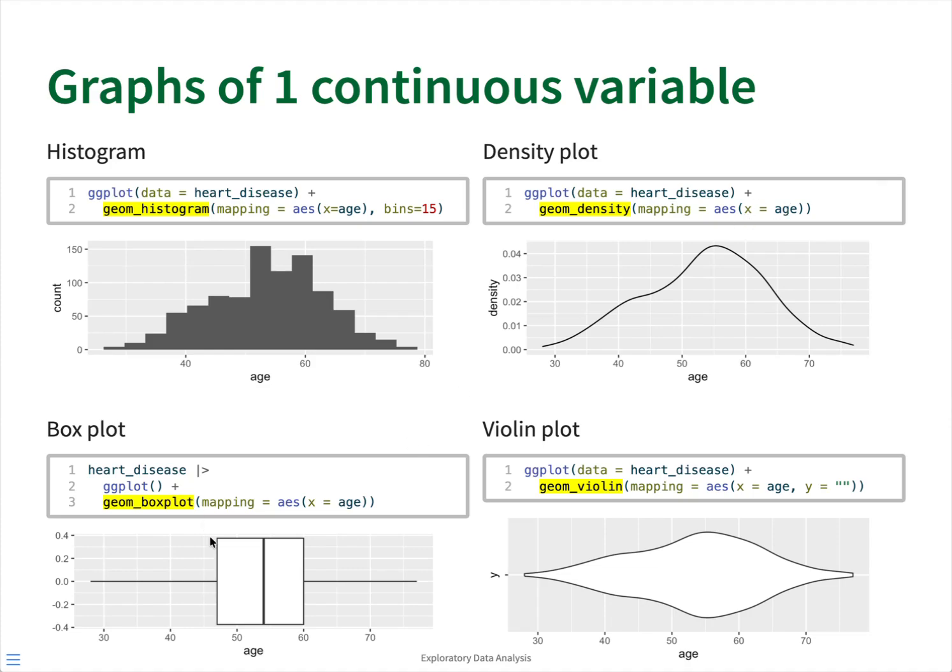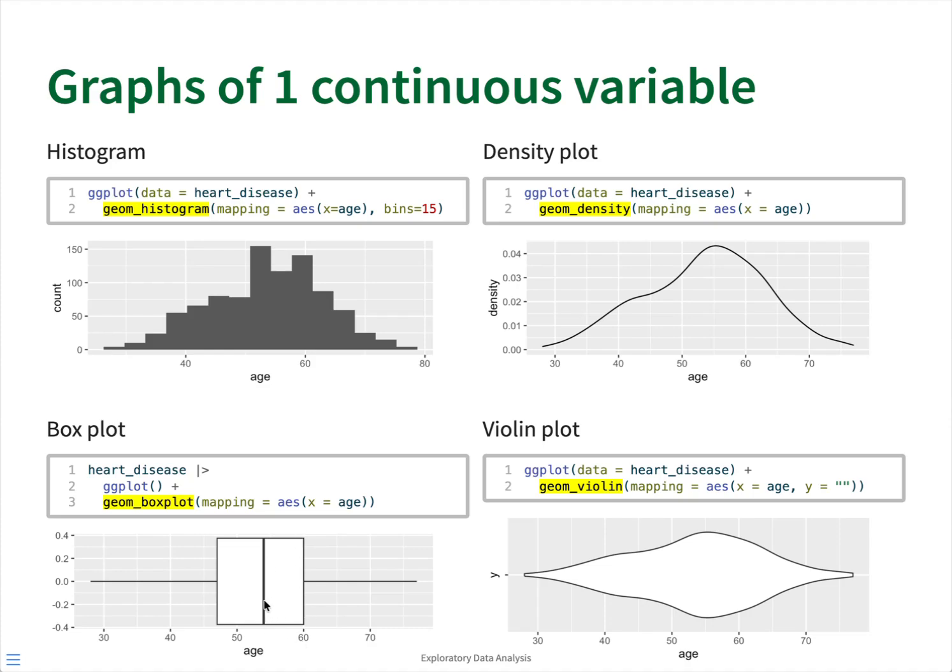In the bottom left, we have a box plot. A box plot is a different method of visualizing the distribution of one variable, where we draw a box around the middle 50% of the data. In other words, we have the 25th percentile observation on the left edge of the box and the 75th percentile on the right edge of the box.